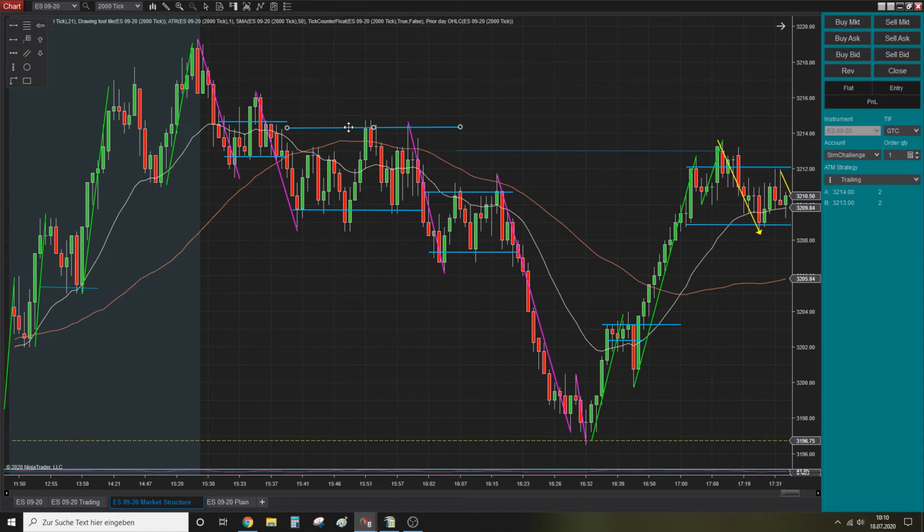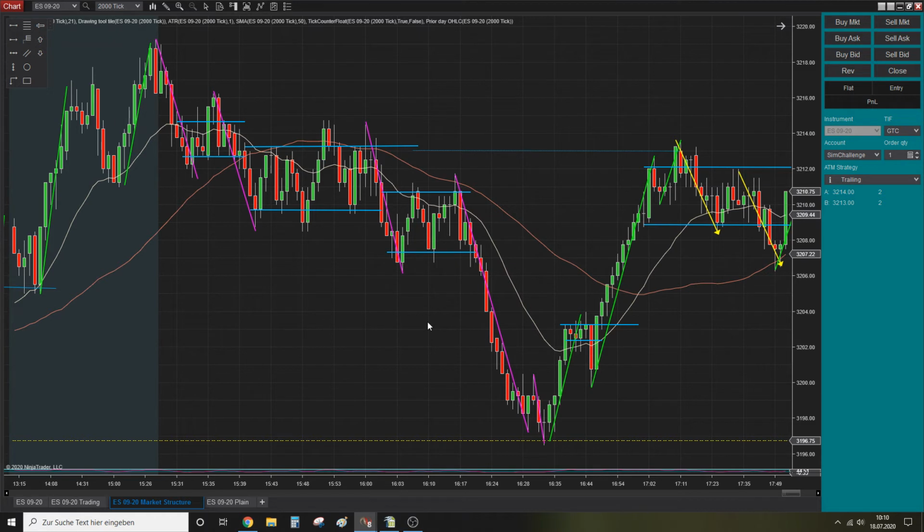Sometimes it's hard because you think, oh, maybe my range is up here, but no, there can be these failed breakouts, and it's just practice. I'm practicing myself to find these ranges and to see the breakouts and just look at them. So that was another thing: draw the ranges, see the failed breakouts, what happens.